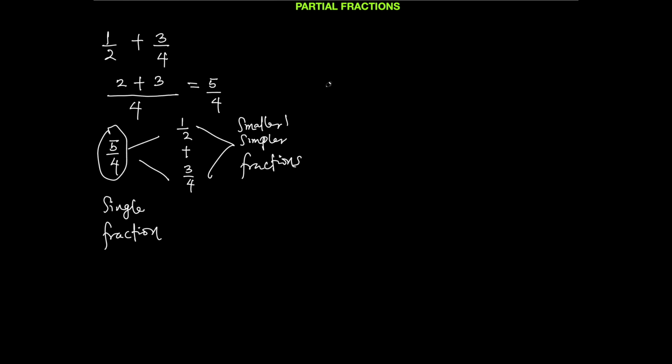Now let's take it a little bit forward. If you have 1/(x minus 2) plus 3/(x plus 1), obviously, just like we did here, we have to find a common denominator, which is (x minus 2)(x plus 1). When we do that, we have x plus 1 plus 3 times (x minus 2).